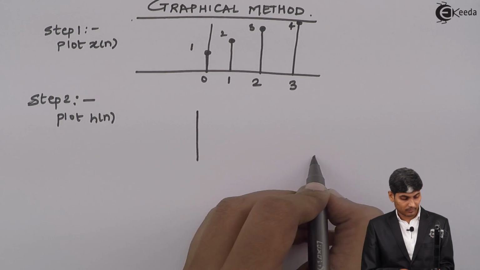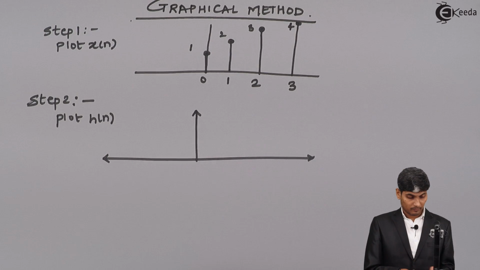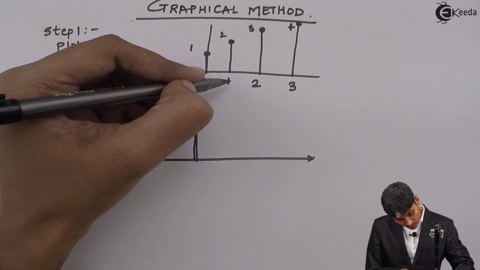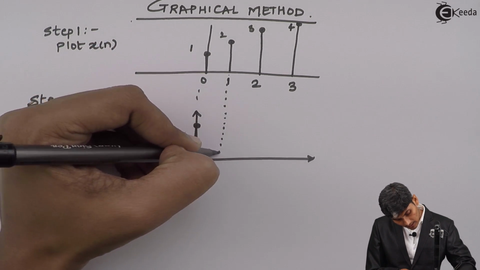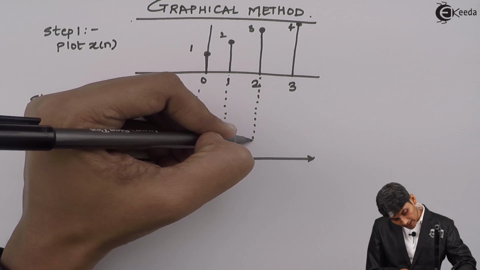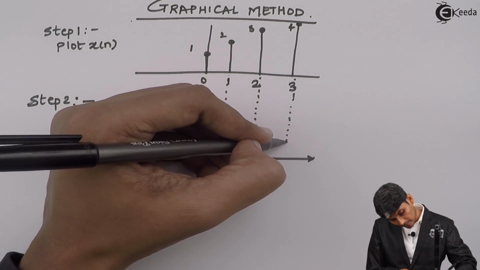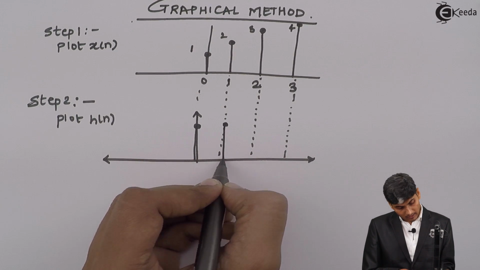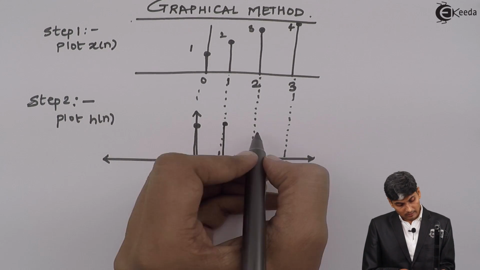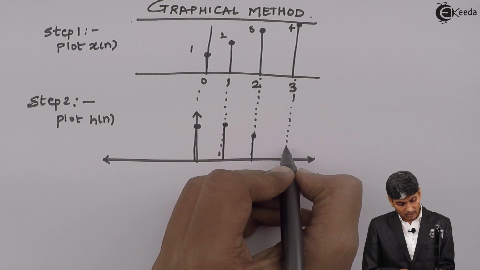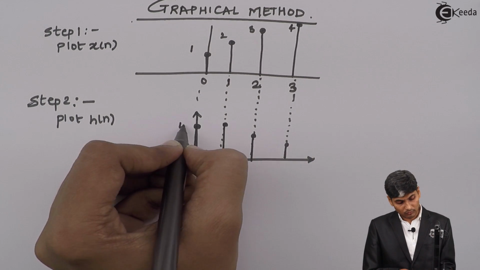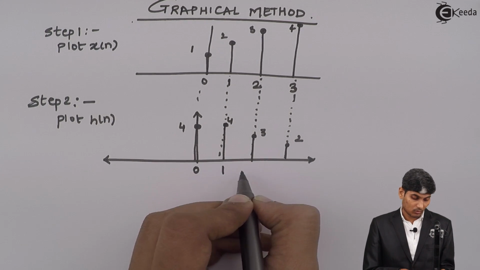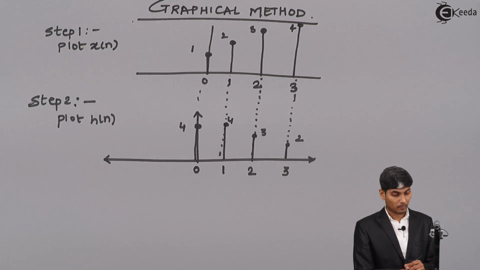So, it comes as 4, 4, 3, 2, for n is equal to 0, 1, 2, 3.